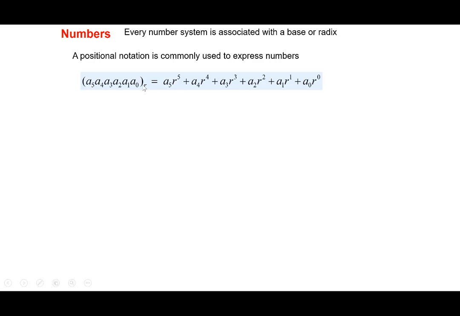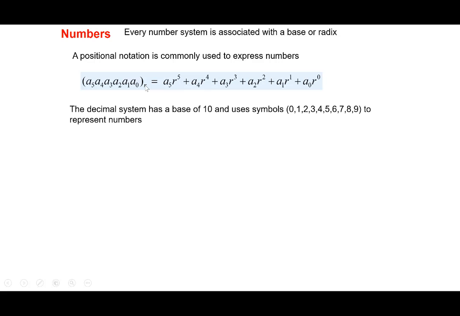And we're all familiar with the decimal system where R is 10. The possible values that A0, A1, A2, up to A5 can take are from 0 to 9. So that's a decimal system with a base 10. When we write a number like this to the base 10, then we are familiar with it.